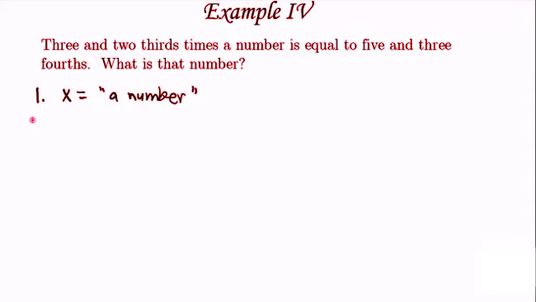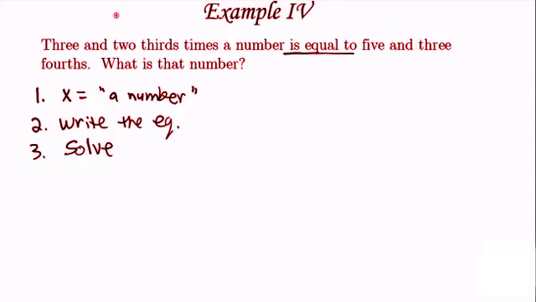I've assigned the variable. I've got to then write the equation, and then I'm going to solve the equation. Okay, so 3 2/3 times a number is equal to. It tells me right here that this left side of the sentence is equal to the right side of the sentence.